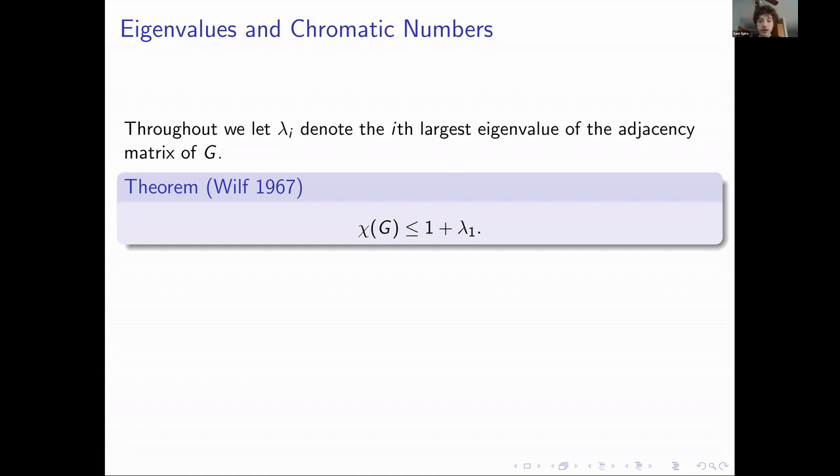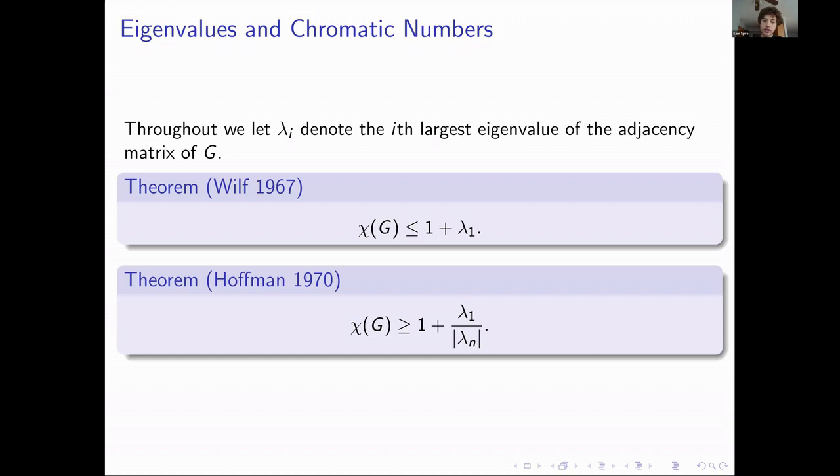There also exists a spectral lower bound for the chromatic number of a graph due to Hoffman, which is 1 plus the largest eigenvalue of the graph divided by the absolute value of the smallest eigenvalue of the graph, or equivalently the negative of it. So these are perhaps the two best well-known spectral bounds of the chromatic number.